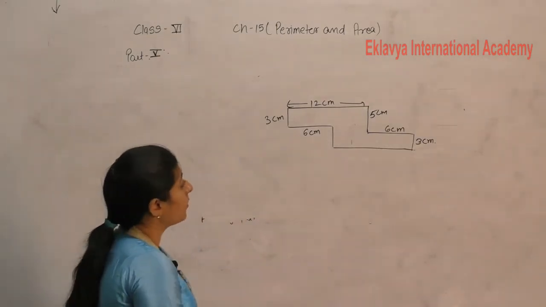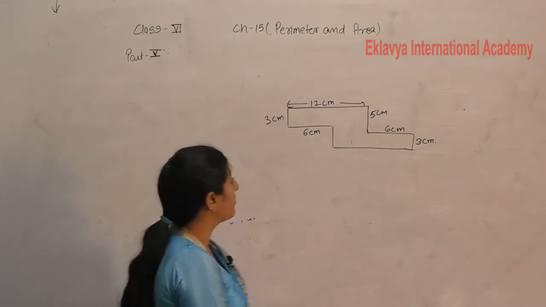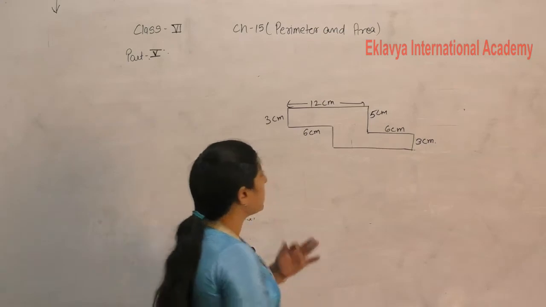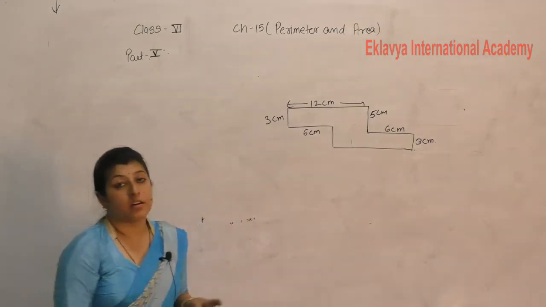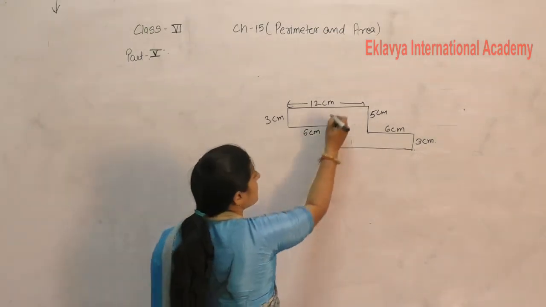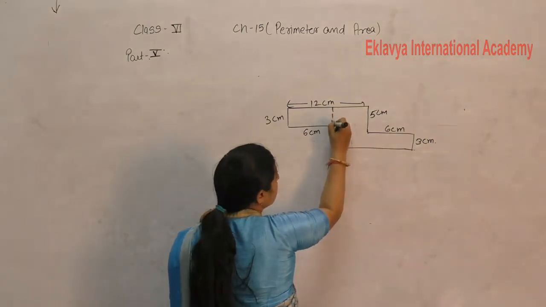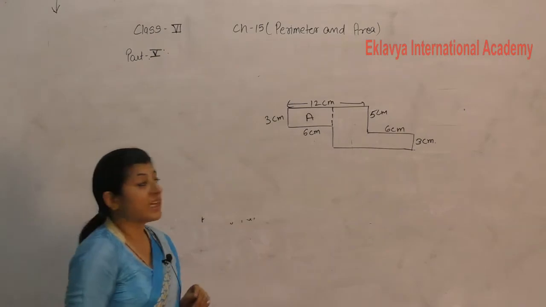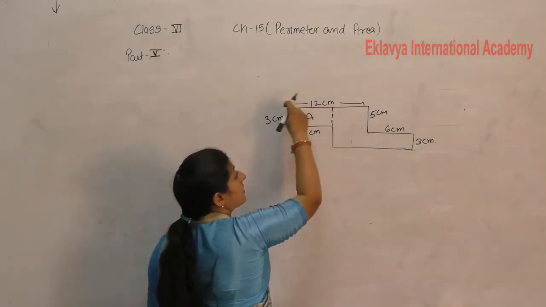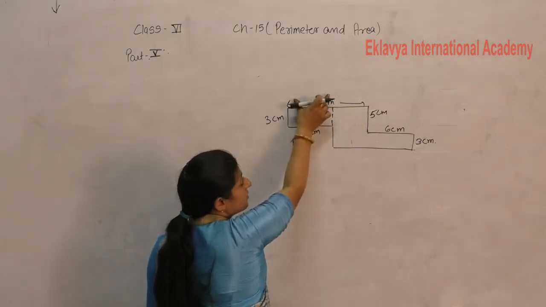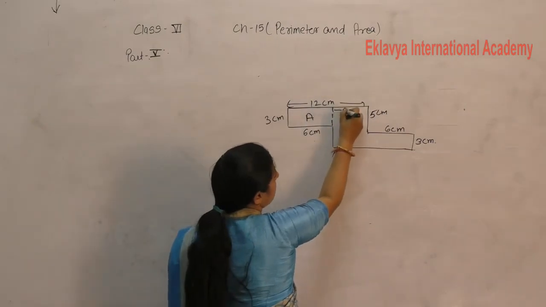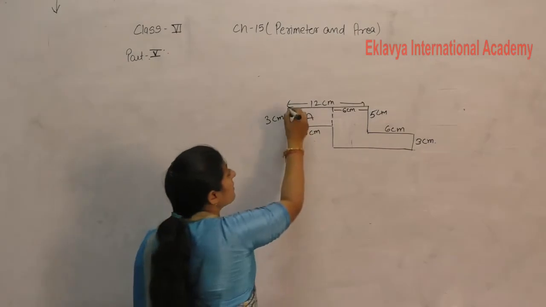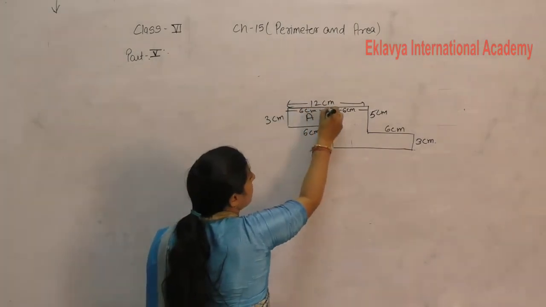Okay, see how to find out the area of this given figure. We will convert it into parts. This one 6, suppose I divide this figure, A, then it is a rectangle. Now this 6 and this also 6, remaining this one also 6 centimeter, because it is a rectangle.